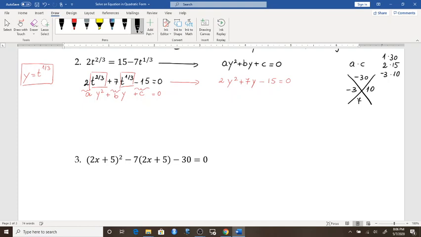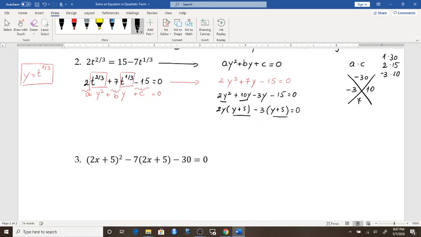Which means I cannot use the shortcut because there is a 2 in front, so we rewrite this as 2y squared plus 10y minus 3y, and then minus 15 equal to 0. So now we pick up the first two terms with the greatest common factor of 2y, so we write in parentheses y plus 5, and then the last two have a greatest common factor of negative 3, and again we write in parentheses y plus 5, and we set up this equal to 0.